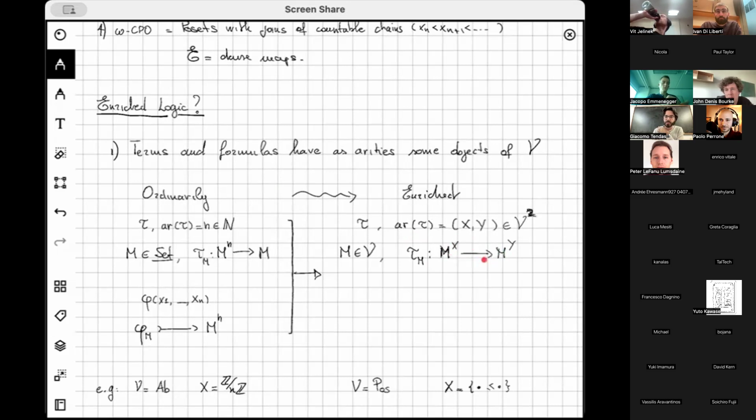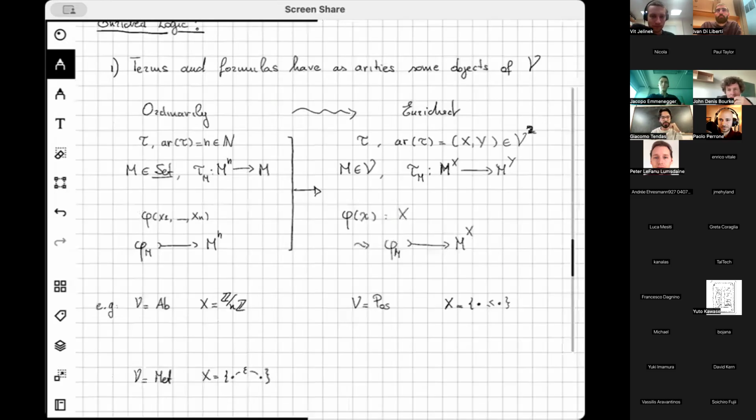And that's where I'm using the monoidal closed structure of V. Similarly, we define formulas, where you can put variables, which will have arity, again, an object, and their interpretation will be a subobject of M^x.